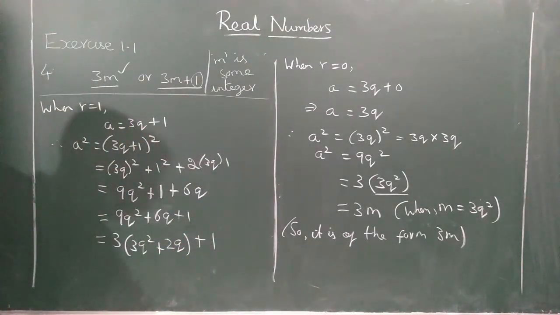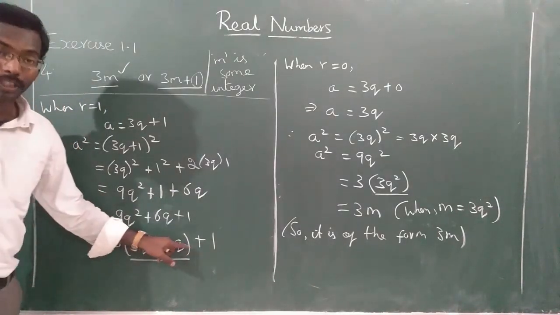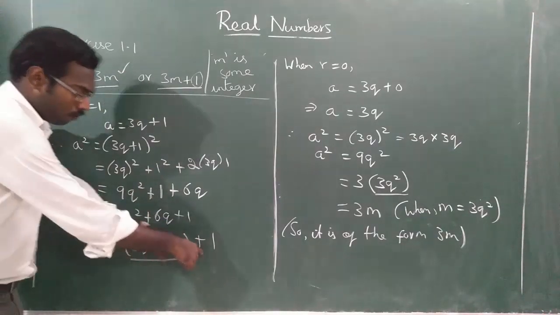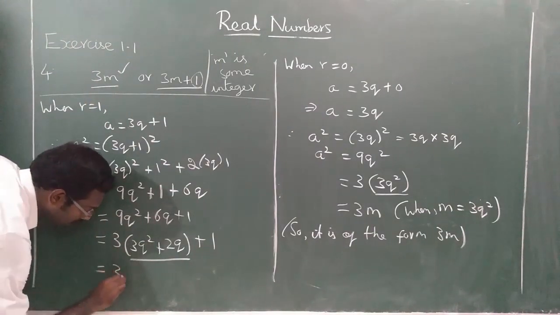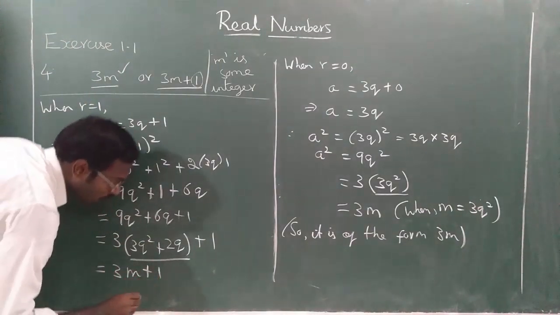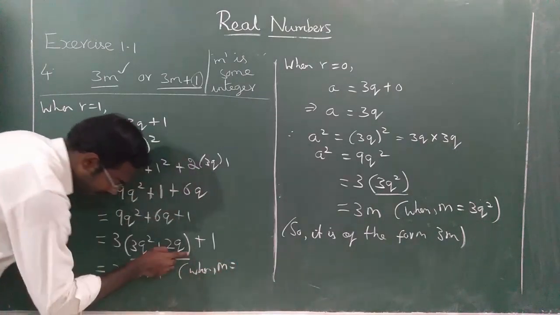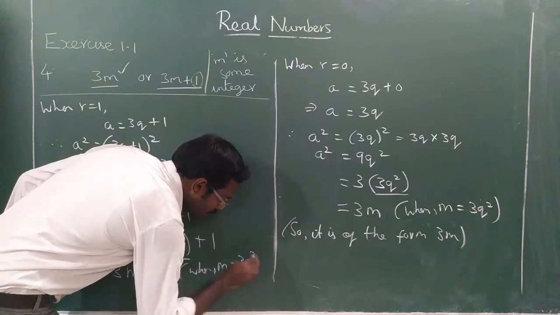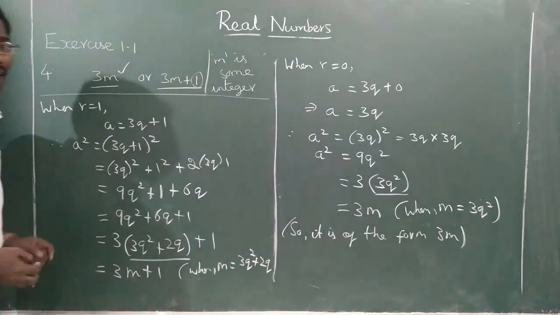Now you got the answer. If you take this 3q square plus 2q as m, then it will be of the form 3m plus 1, when m is equal to 3q square plus 2. Understood or not?